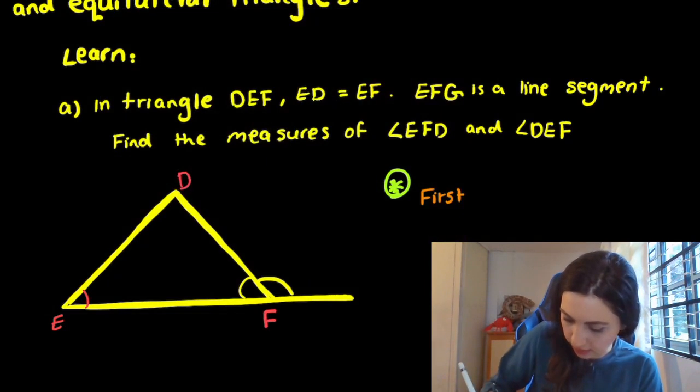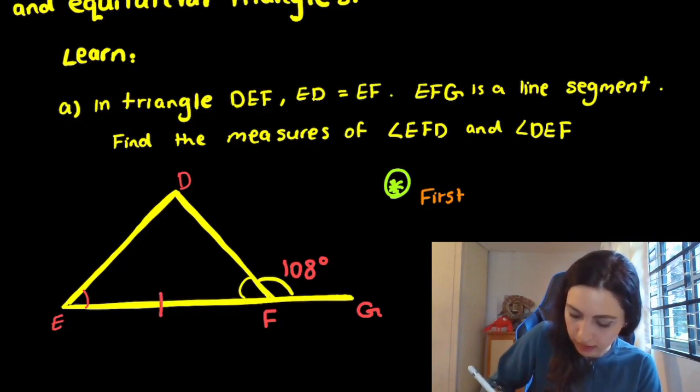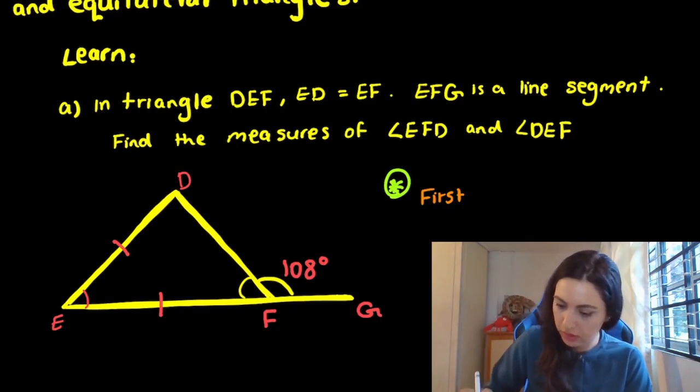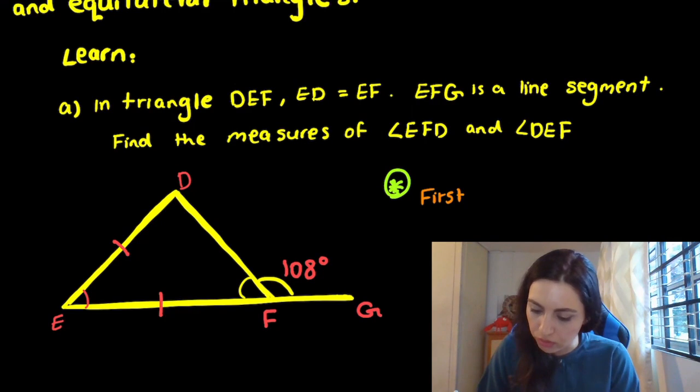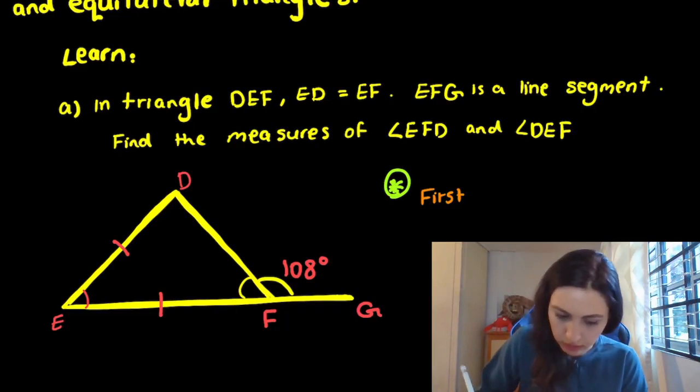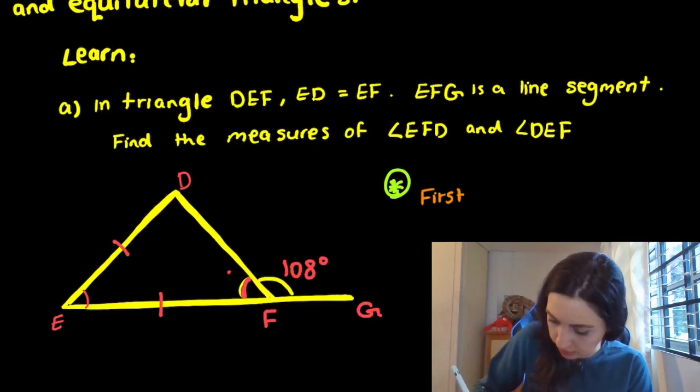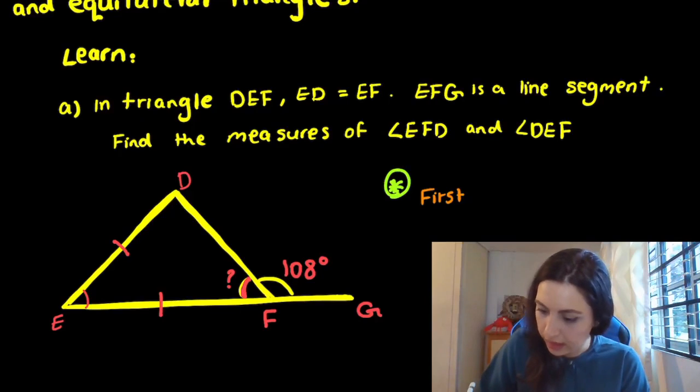This one is given as 108 degrees. This side, which is EF, is equal to ED. Okay, so find the measure of EFD. So the angle inside, that's what it's asking for.